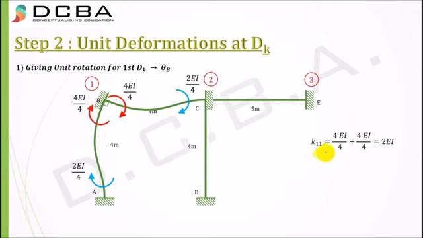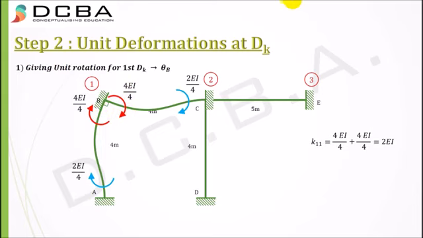K11 is the force or moment formed at joint 1 due to unit deflection or rotation given at joint 1. So because of the unit rotation that we had given at joint 1, the forces or moments formed at joint 1 are these: 4EI by 4 and 4EI by 4. Both are clockwise in nature.